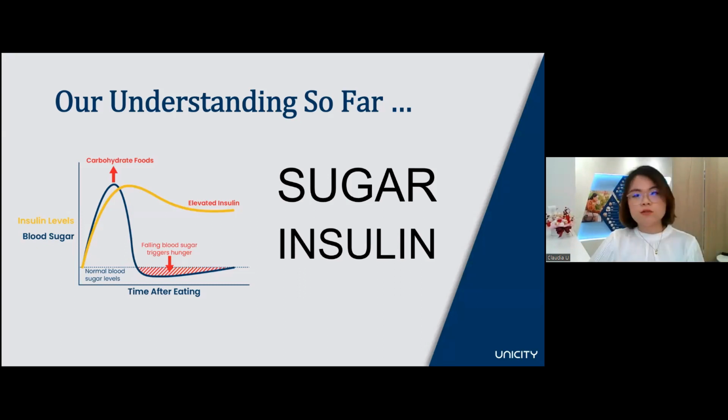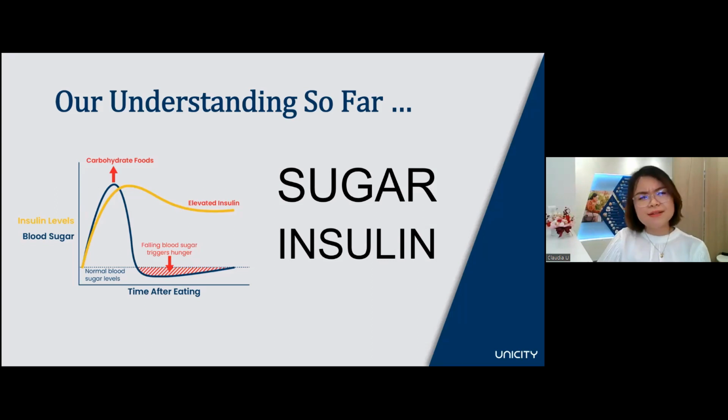So if you look at this graph, what does it tell you? It tells you that if you eat some carbohydrate food, your sugar goes up, and your insulin will also go up. Then, after some time, your blood sugar will crash, and then below the threshold, you feel hungry, but your insulin will still stay sustained.